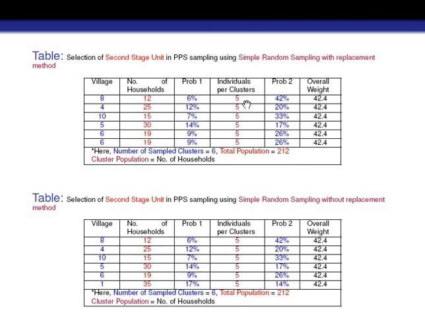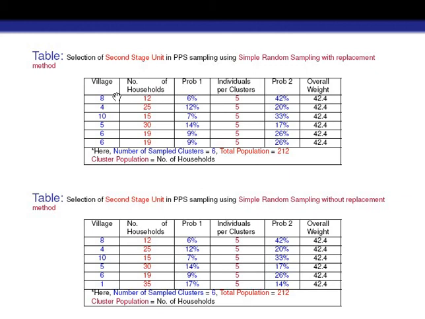So we divide 5 by 12, because the sample size for cluster 8 is 5 and the population size for cluster 8 is 12. We get 42%, since I have written all the probabilities in terms of percentage.